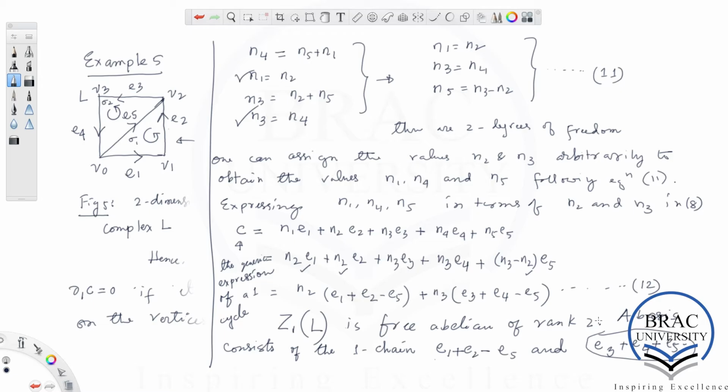So Z1 of L is free abelian of rank 2, and the set which generates Z1 of L consists of these two one chains, each of which is a linear combination of elementary chains.